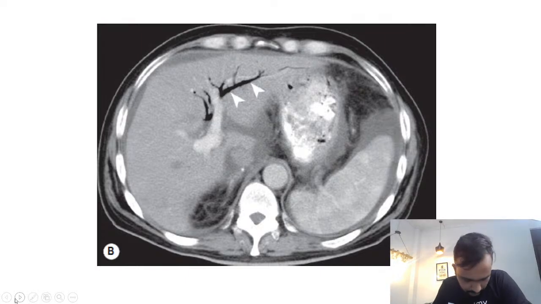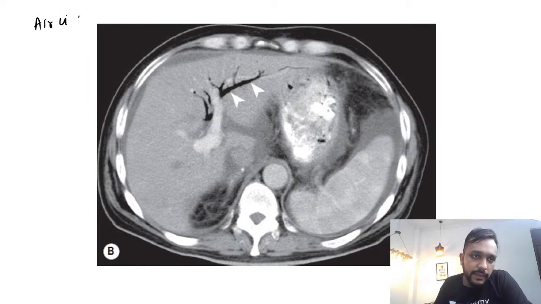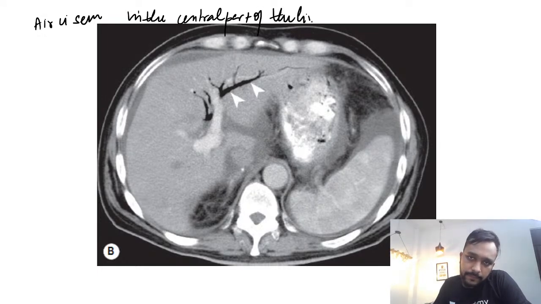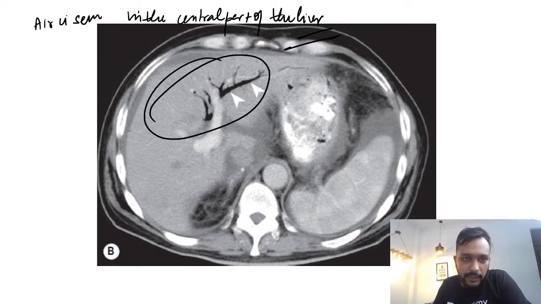Now guys, here in this case we can see that air is seen in the central part of the liver.